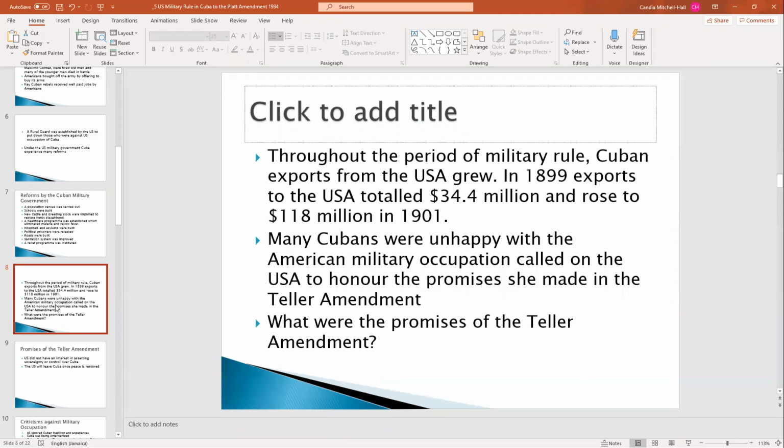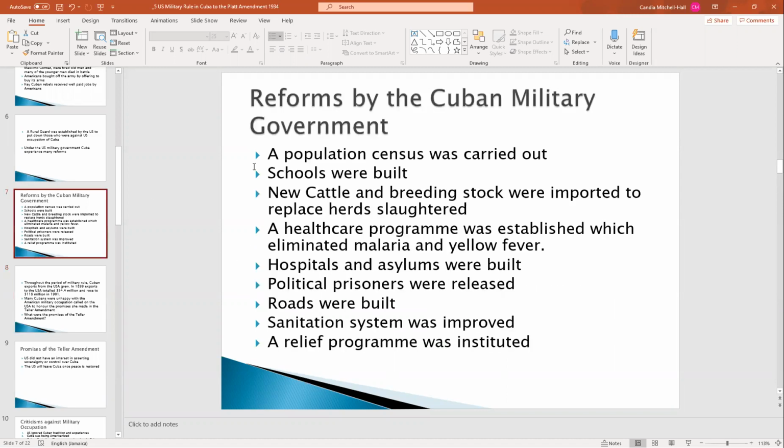Right? Now the Cubans realized that by 1902, they said, listen, we understand that you're doing things, you did a population census, you're building schools, you invest in cattle, you're doing healthcare programs, you release prisoners that Spain had under bondage, you're building roads, but we are not governing ourselves.